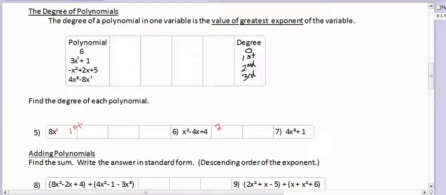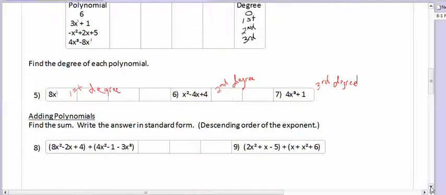It's a second degree, and a second degree is called a quadratic trinomial because there's 3 terms there. And this one, there's a 3, so this is a third degree. So first degree, second degree, and third degree. Okay, now that's all the terminology we have.